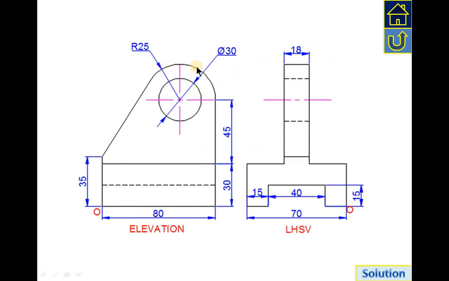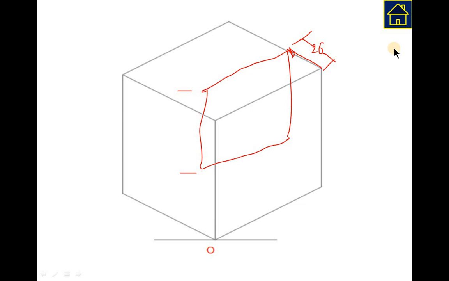What is the size of plane that you want? Parallelogram basically. So here is the 25 mm radius, this curvature. Okay, so diameter for this curvature is 50 mm. So 50 mm by 50 mm, that parallelogram you need to draw here. So this is 50 mm, and this will be again 50 mm.